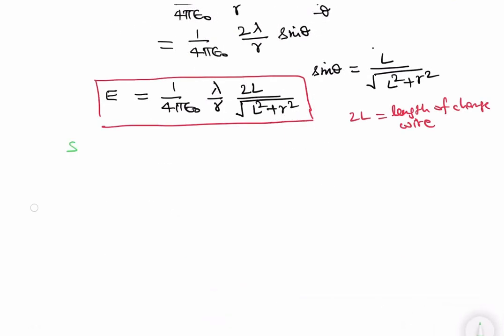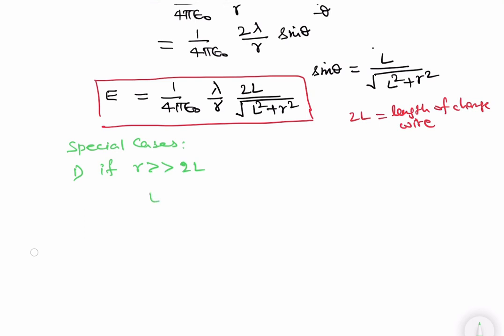Now special cases. Case number 1. Suppose R is very much greater than the length of the wire.